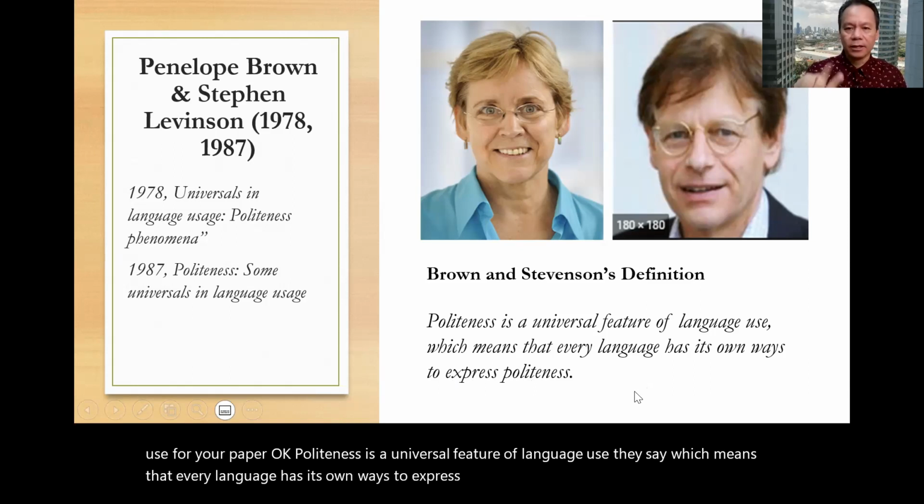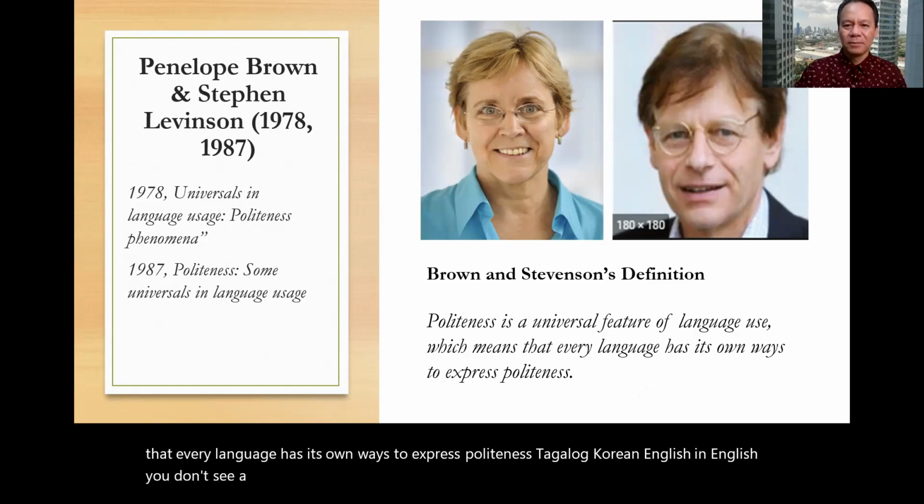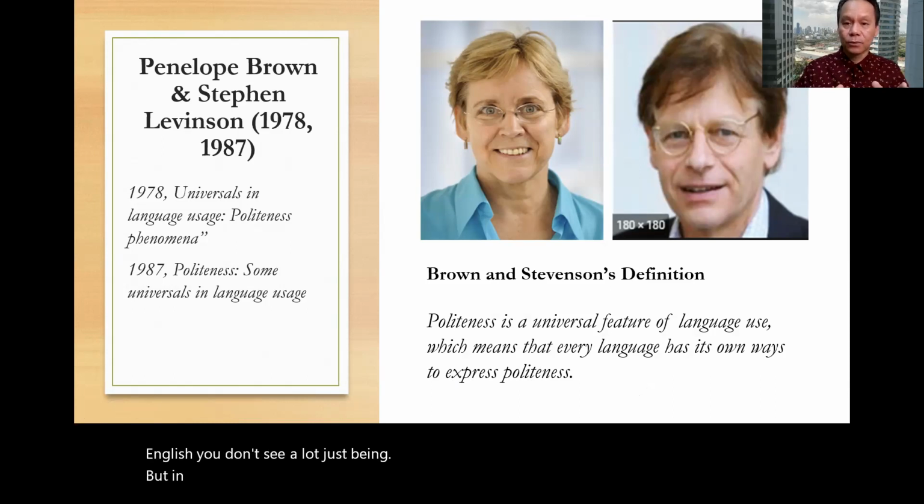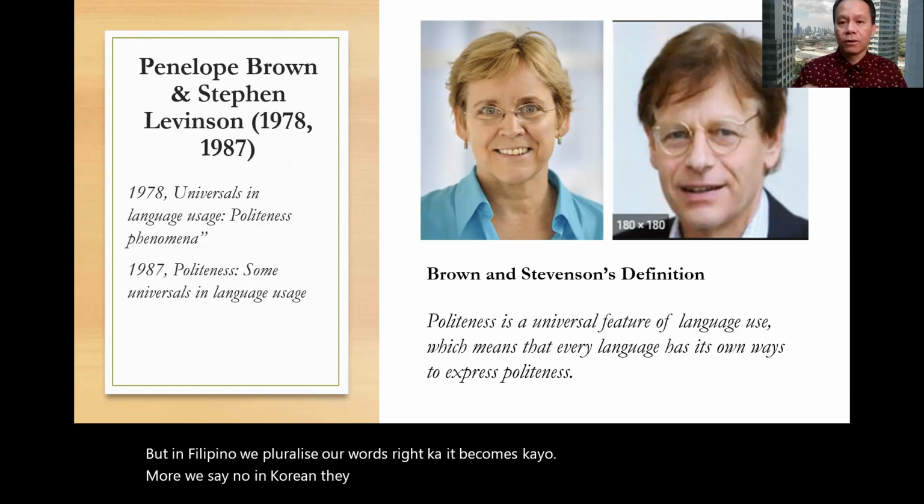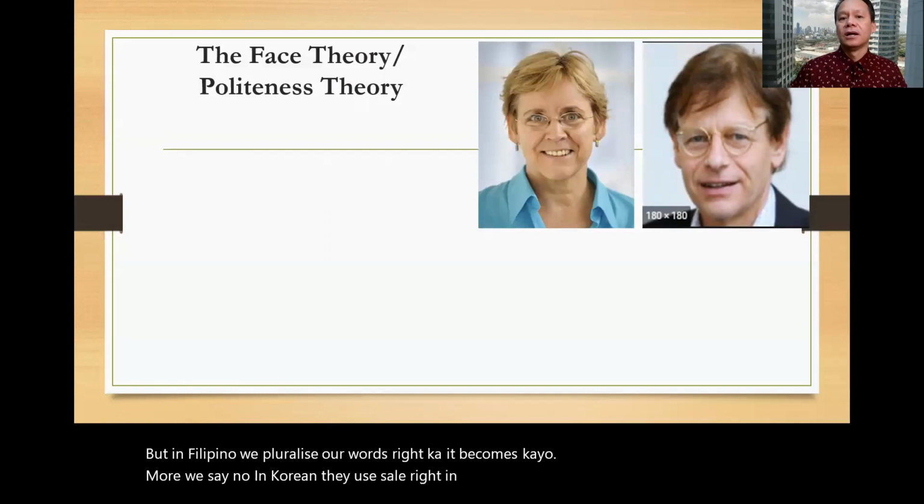Tagalog, Korean, English. In English, you don't see a lot, just being courteous. But in Filipino, we pluralize our words, right? Ka becomes kayo. Mo, we say nyo. In Korean, they use seo. In Japanese, they have so many. And other languages do that.